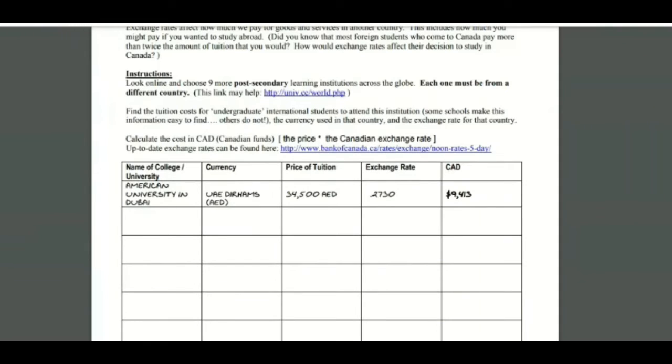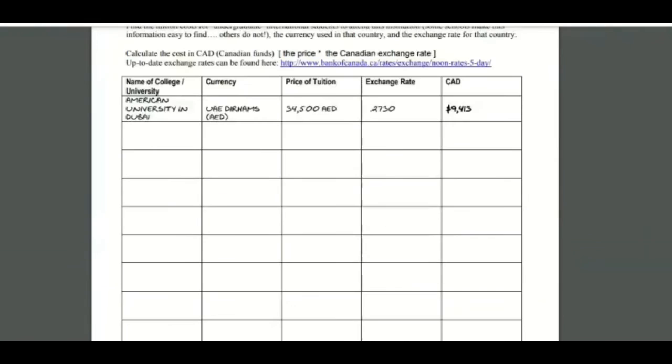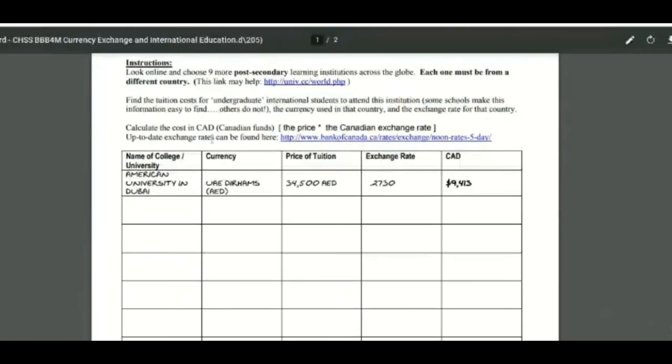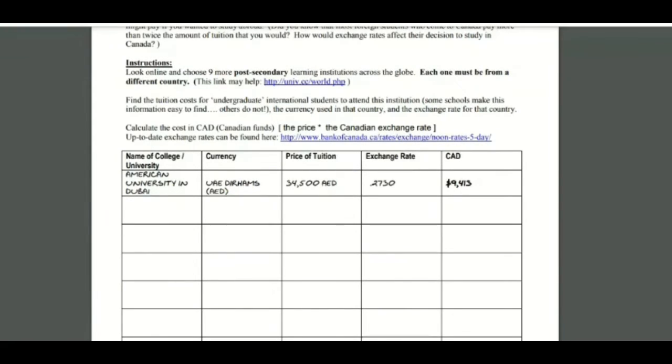You can use that as well. Here's what I want you to do. I think there's a total of 10 spots here. I want you to look online for 10 different universities or colleges overseas in another country that you might want to study in. Tell me what currency they use.